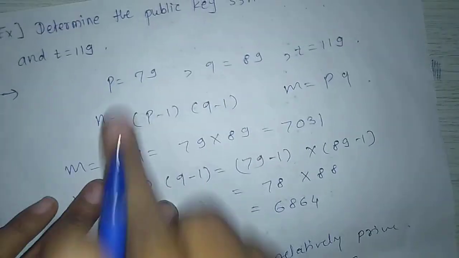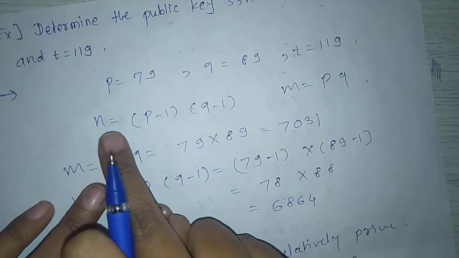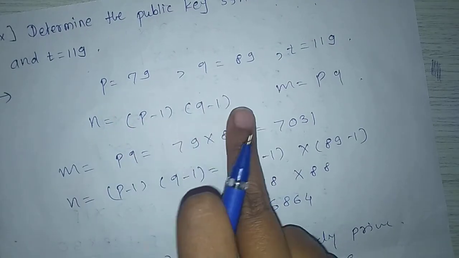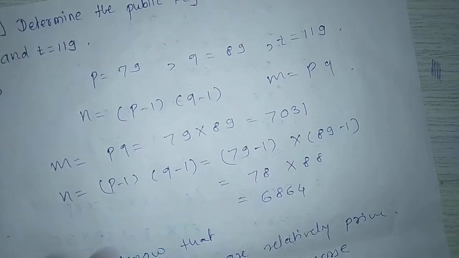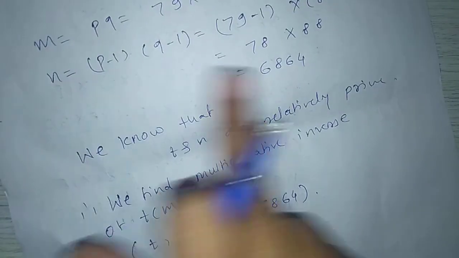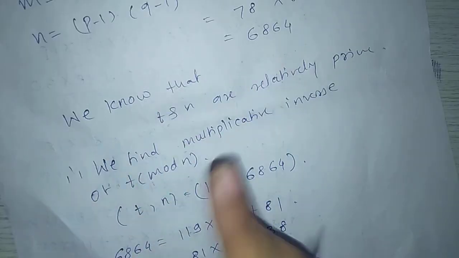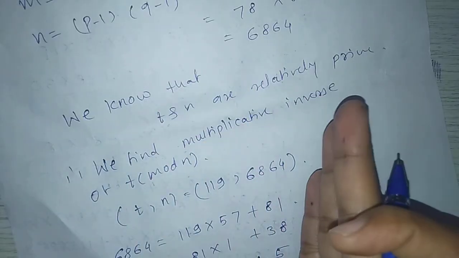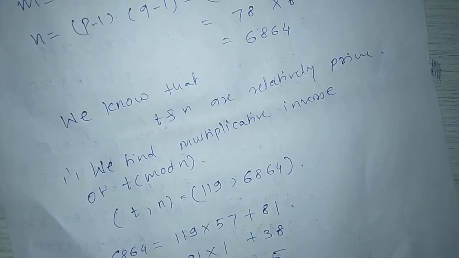6864. First, given p, q, t. Next, calculate n equal to (p minus 1) into (q minus 1) and m equal to p into q. We get m equal to 7031, n equal to 6864. Next, we know that t and n are relatively prime, means GCD of t, n equal to 1.